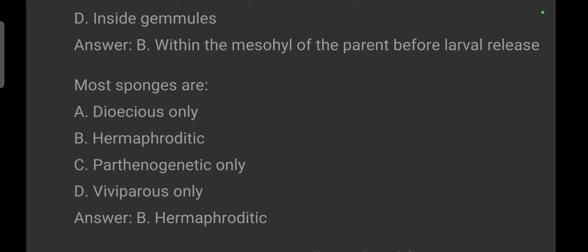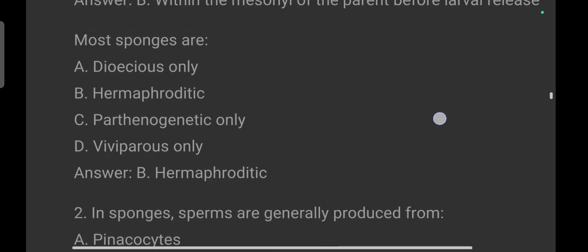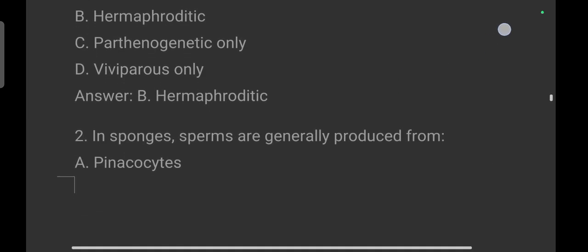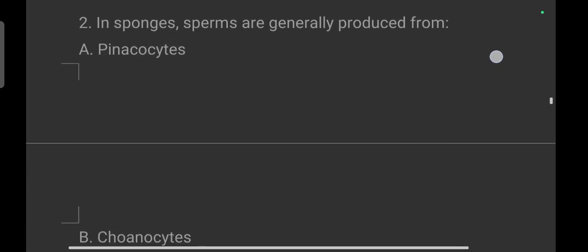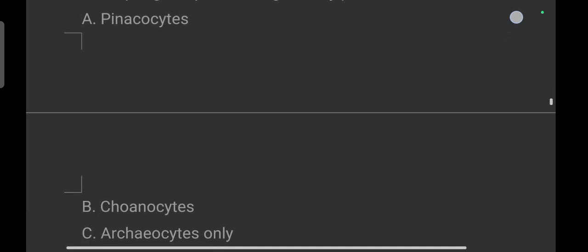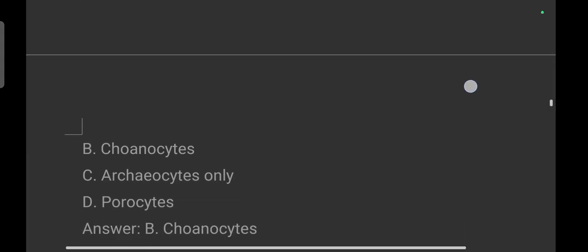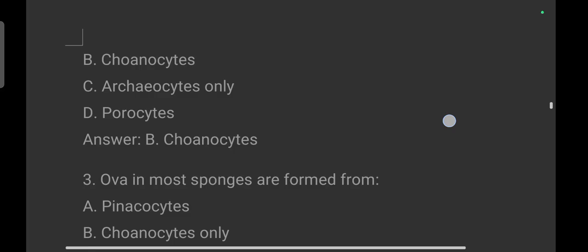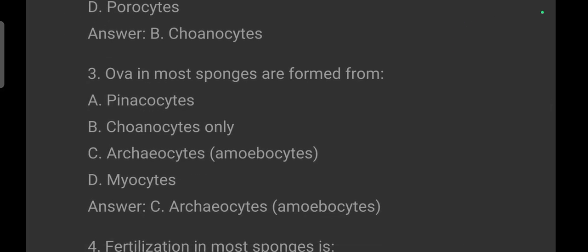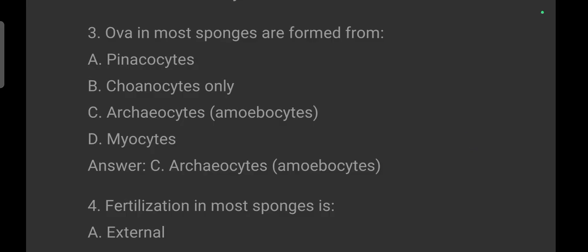Most sponges are dioecious only, hermaphrodite, parthenogenic, viviparous. Answer is hermaphrodite. In sponges, sperms are generally produced from pinacocyte, choanocyte, archaeocyte, porocyte. Answer is choanocyte. Ova in most sponges are formed from pinacocyte, choanocyte, archaeocyte, myocyte.